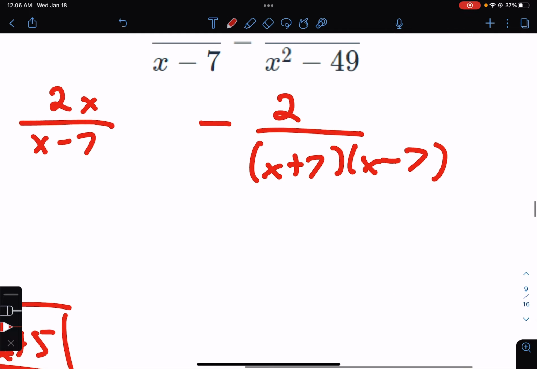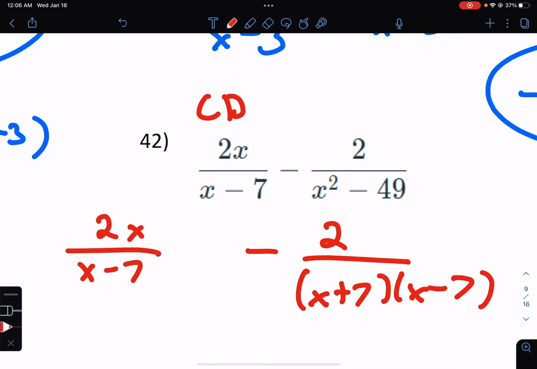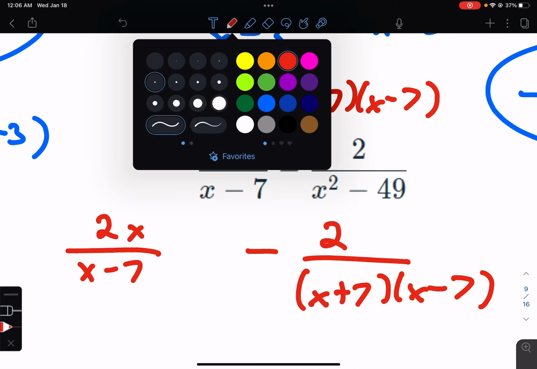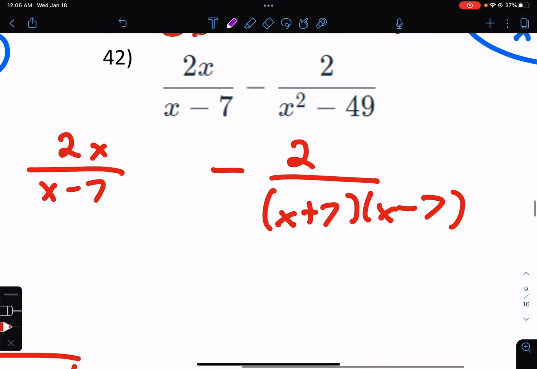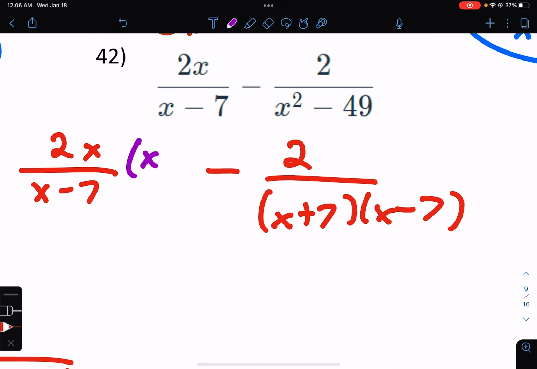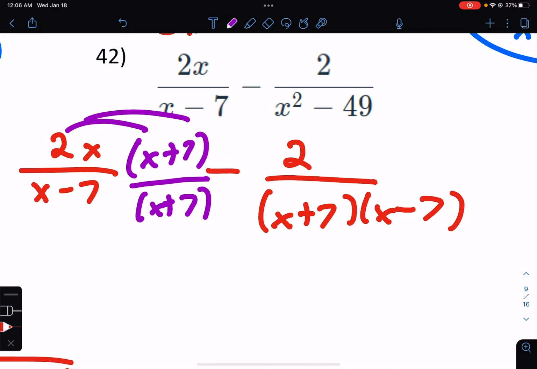So our common denominator here is going to be x plus 7, x minus 7. So with that in mind, this guy here is missing the x plus 7. We're going to go ahead and distribute.